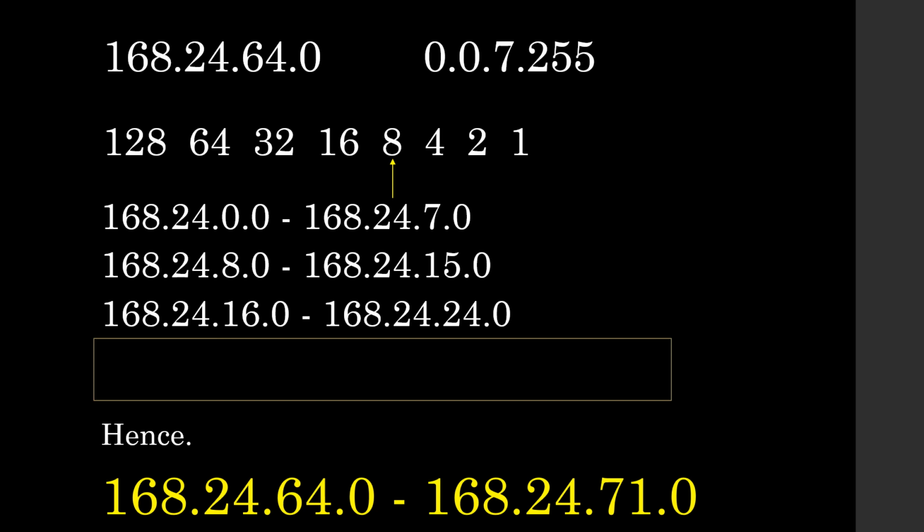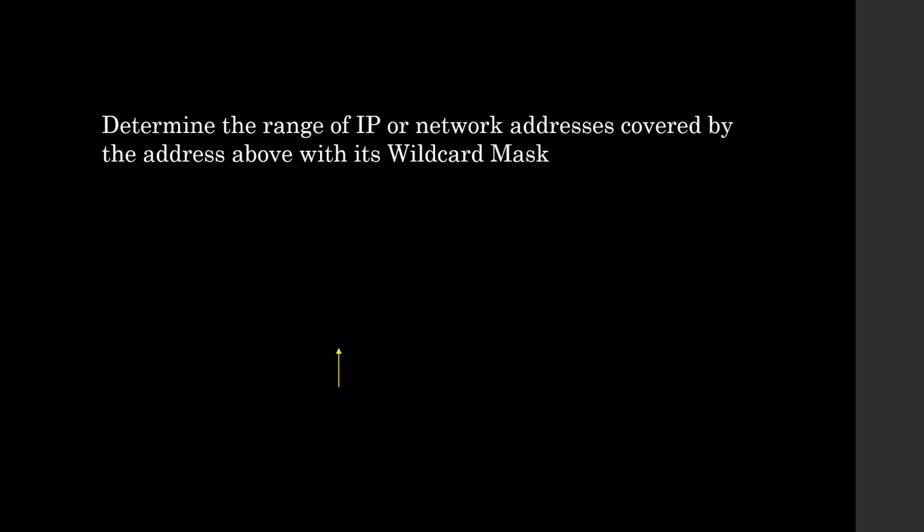We then get the supernetted network with a wildcard mask of 168.24.64.0 up to 0.71. So that is the range to which the example belongs.